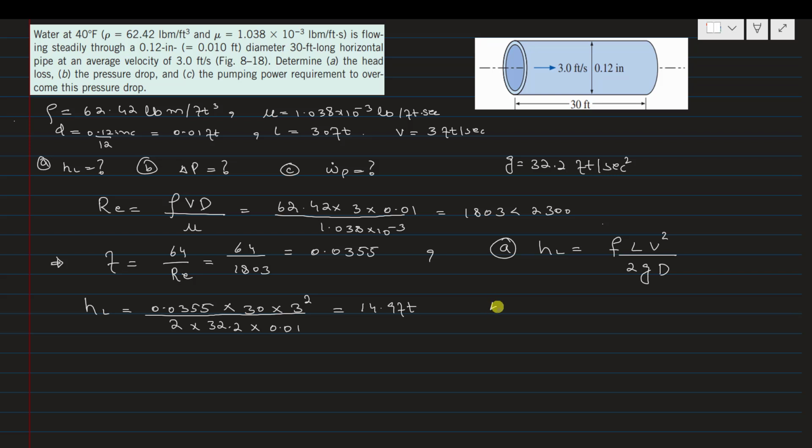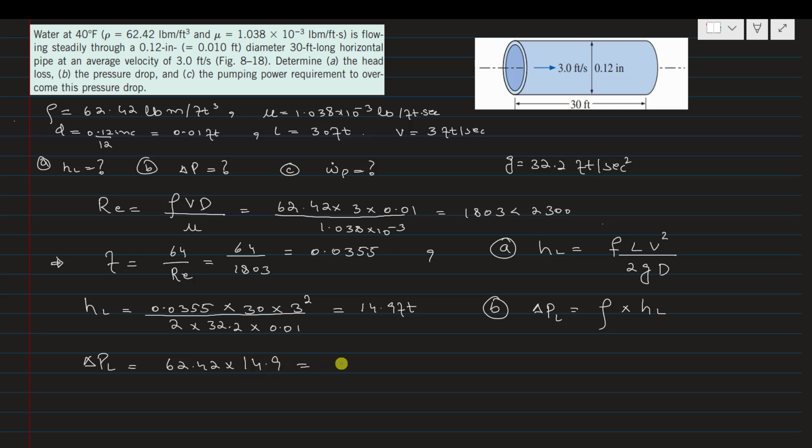Next is to find the pressure. So pressure drop will be equal to the density of the water multiplied by the head loss. So what is pressure loss? Density of the water, that is 62.42, multiplied by head loss, that is 14.9.